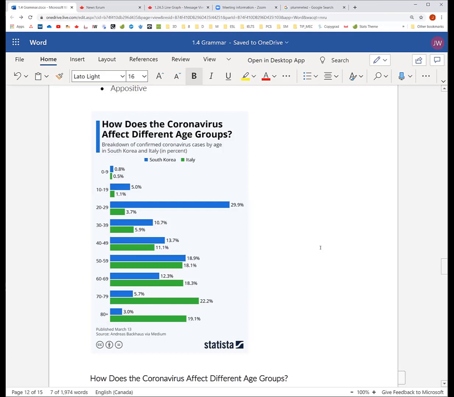Generally speaking, people in the mid-ages in South Korea have shown the highest percentage of people affected, while in Italy, Italy shows the highest percentage in seniors.